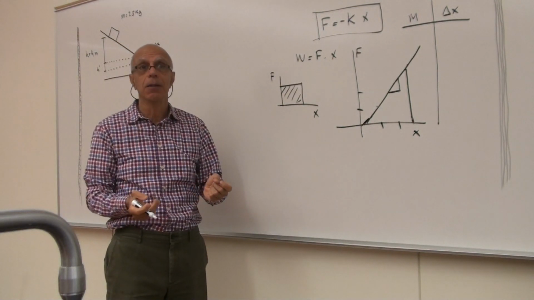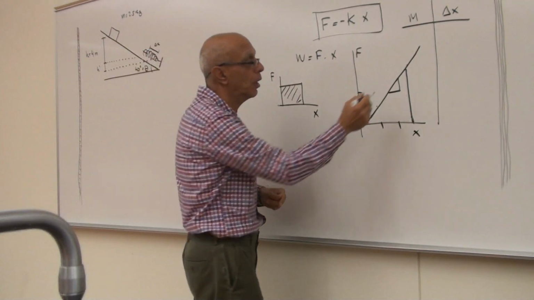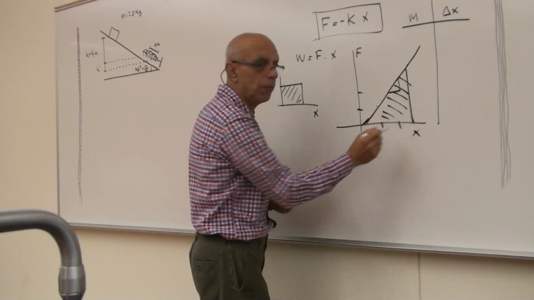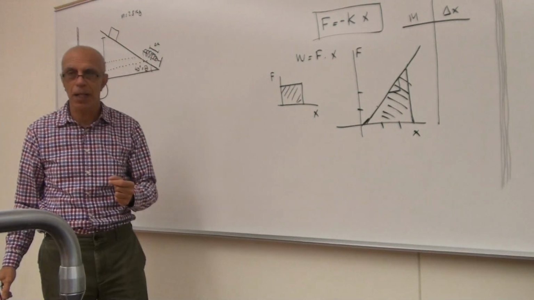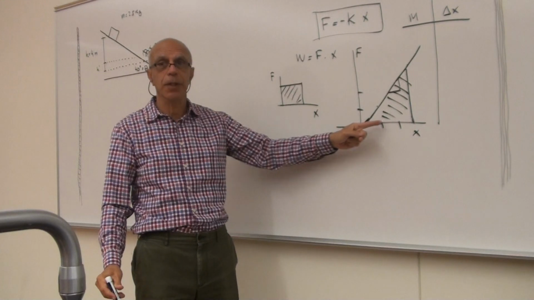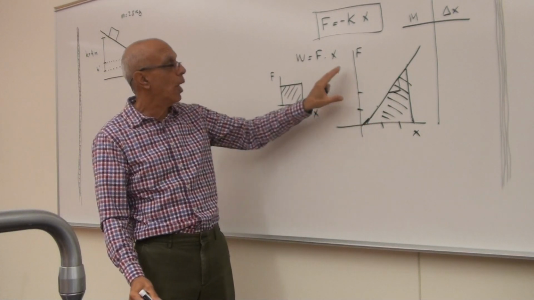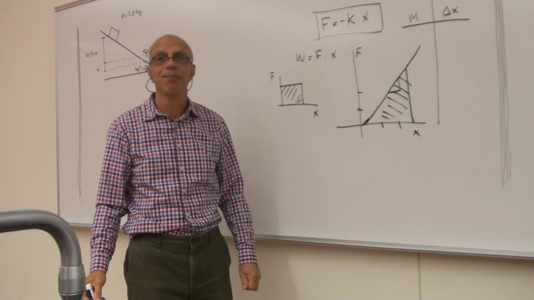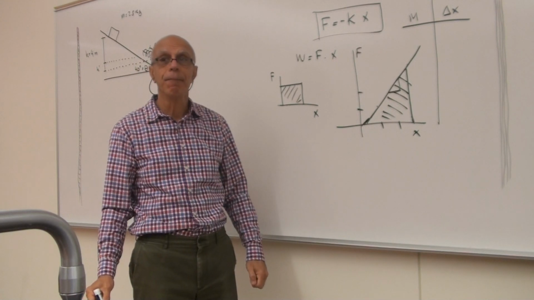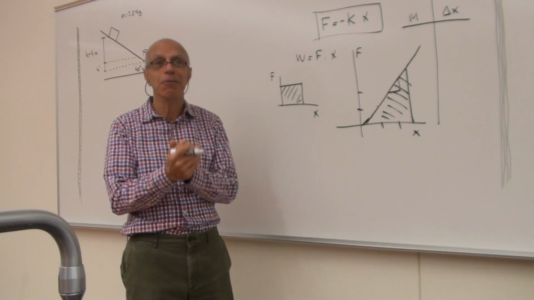If I want to know the work up to this value here, we know that the work is the area, right? So what is the area under this curve? It's going to be the area of a triangle. Well, the area of a triangle is what related to the force? Half. Yeah, very good.